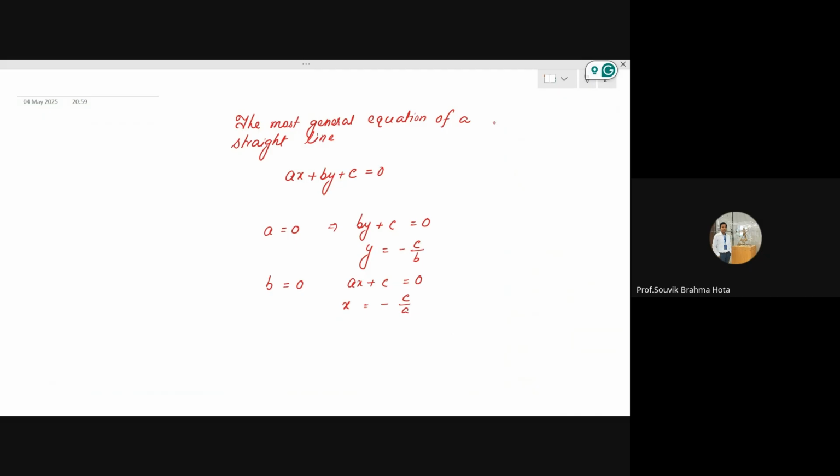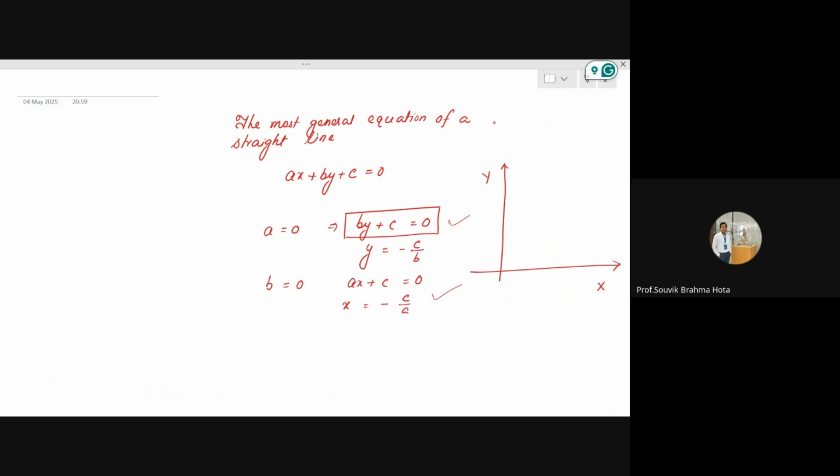When I say by plus c is equal to 0 and ax plus c is equal to 0, suppose I want to represent this equation in a Cartesian coordinate system, it will look like this. Definitely this is y and this is x.